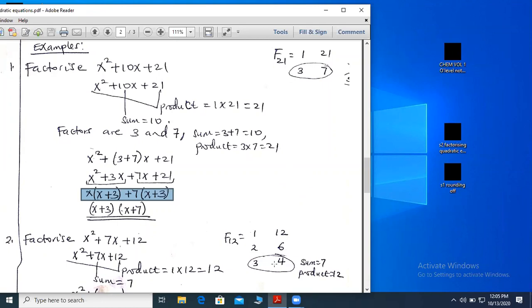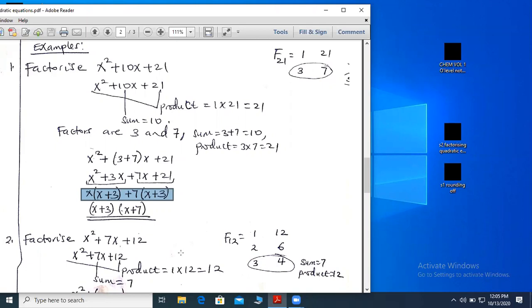When you multiply, you get 12, and when you add, you get 7. So the factors we are going to use are 3 and 4. Please note, you must use factors which fulfill the two conditions. When you multiply them, you get 12, and when you add them, you should get 7.